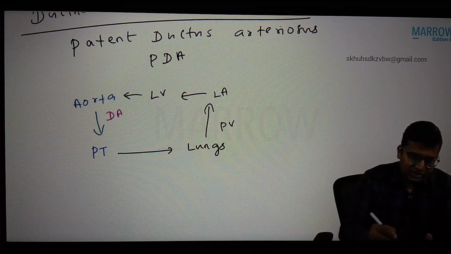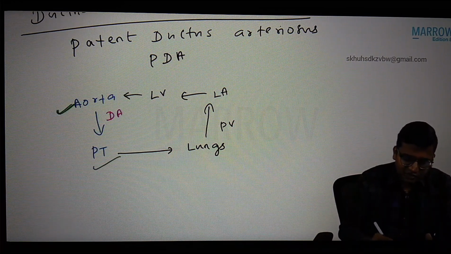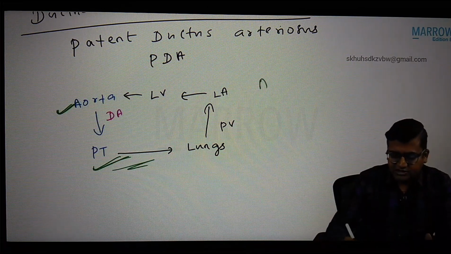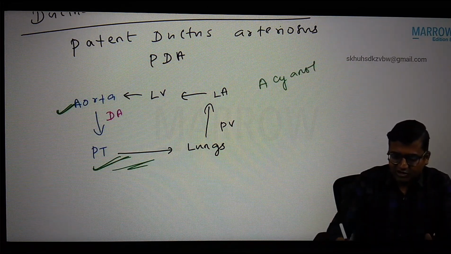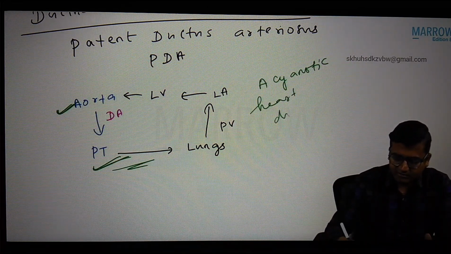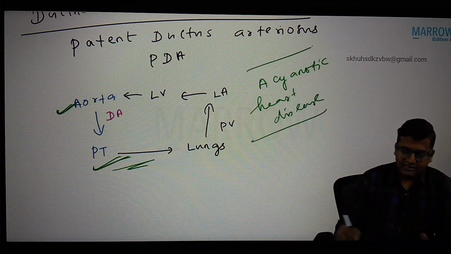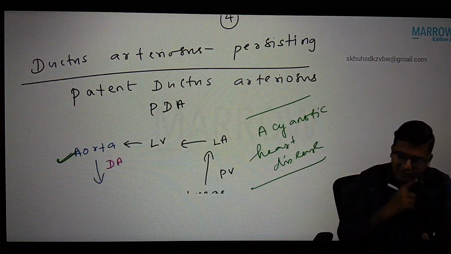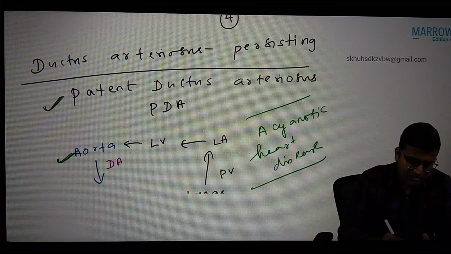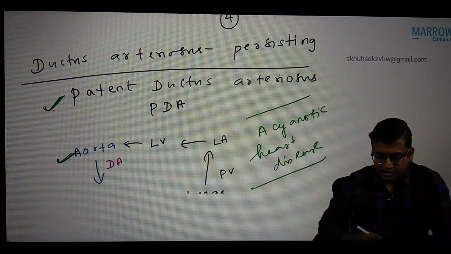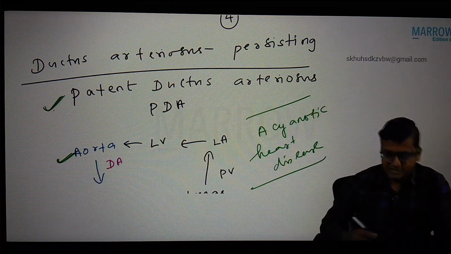So now we have the shunt from the left side of the heart to the right side of the heart, which is the acyanotic heart disease. Okay, right. So the ductus arteriosus fails to close in some babies, which results in PDA, patent ductus arteriosus, an acyanotic heart disease.